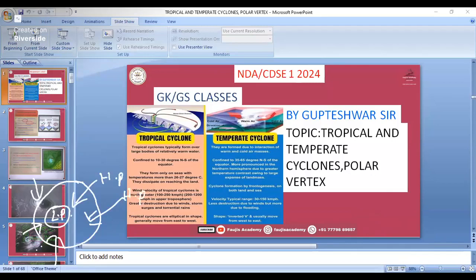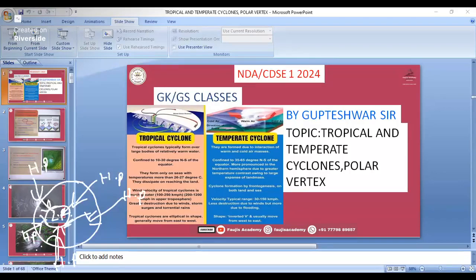So in this case, you all know that at the equator, in the tropical part, warm air will be blowing. And you all know that wind blows from high pressure to low pressure. So all those airs will be coming and blowing in this part. So when that blowing happens, what will happen?